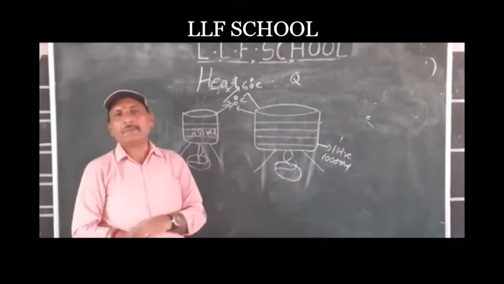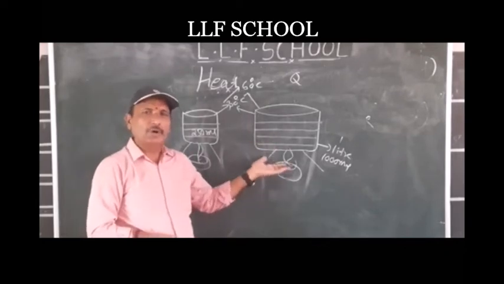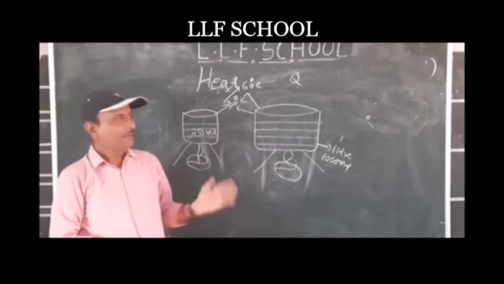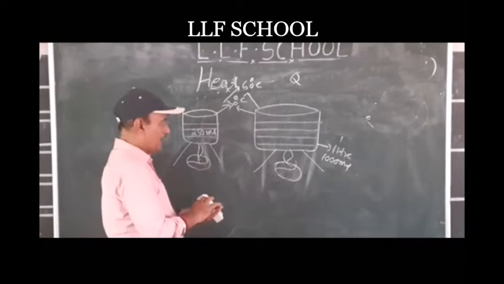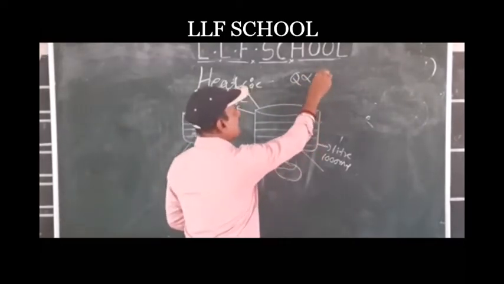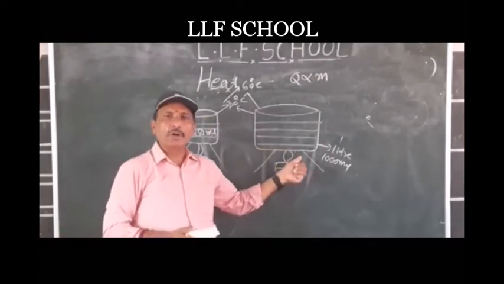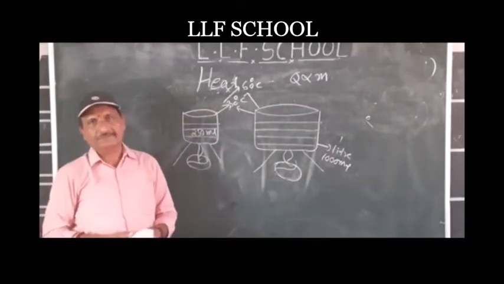Which absorbs more heat? 1 liter of water absorbs more heat than the first one. From this activity, we conclude that the quantity of heat absorbed is proportional to the mass of the substance. More mass requires more heat to raise the temperature. Less mass needs less heat.